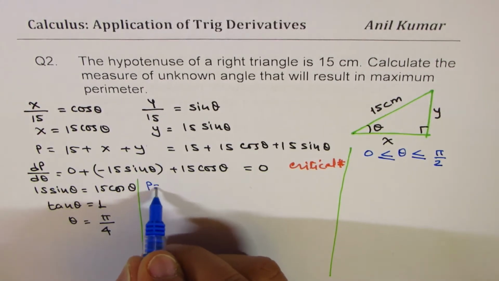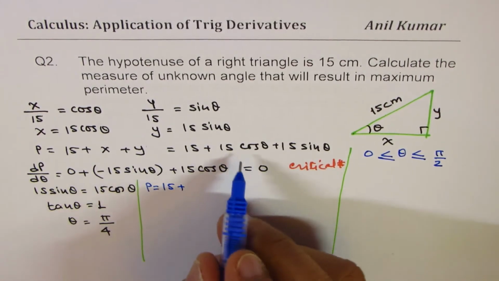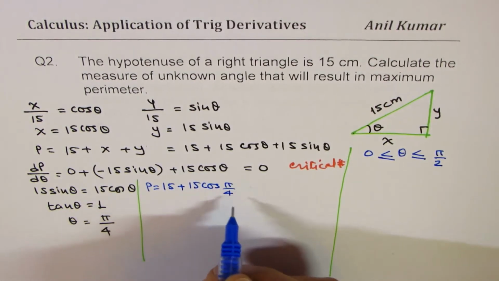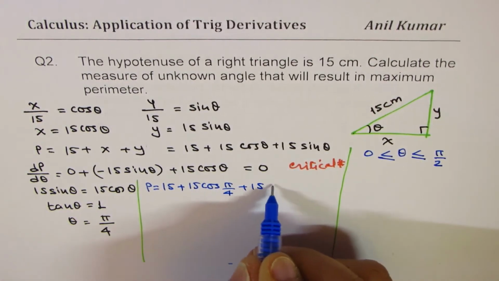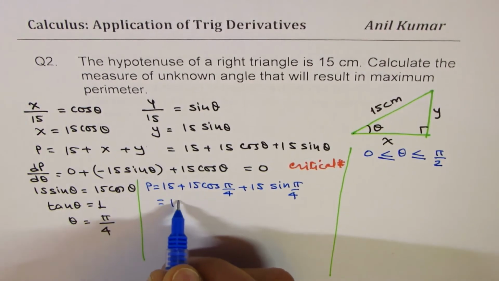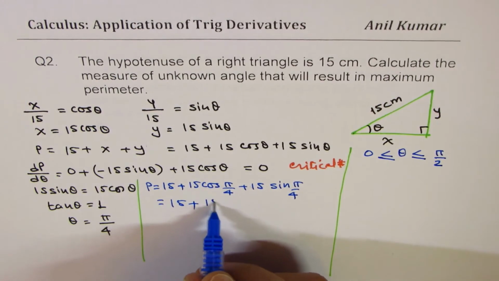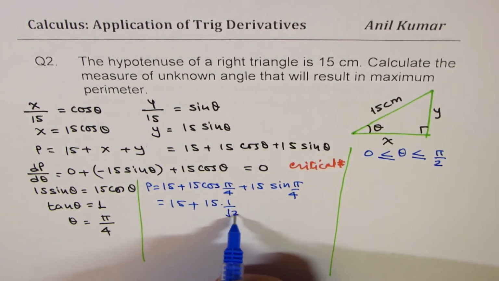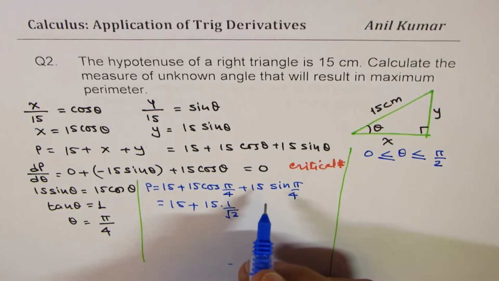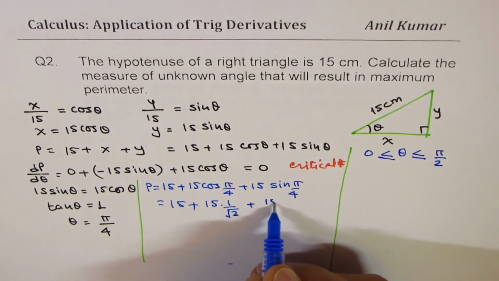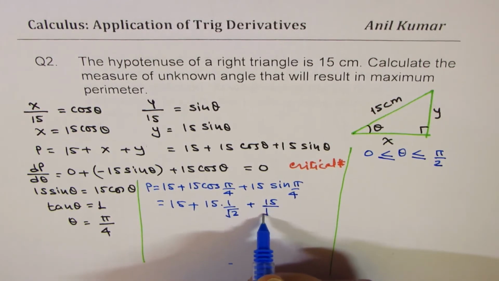In that case, the perimeter will be 15 plus 15 cos pi by 4 plus 15 sin pi by 4, correct? Cos pi by 4 is 1 over square root 2, and sin pi by 4 is also 1 over square root 2.